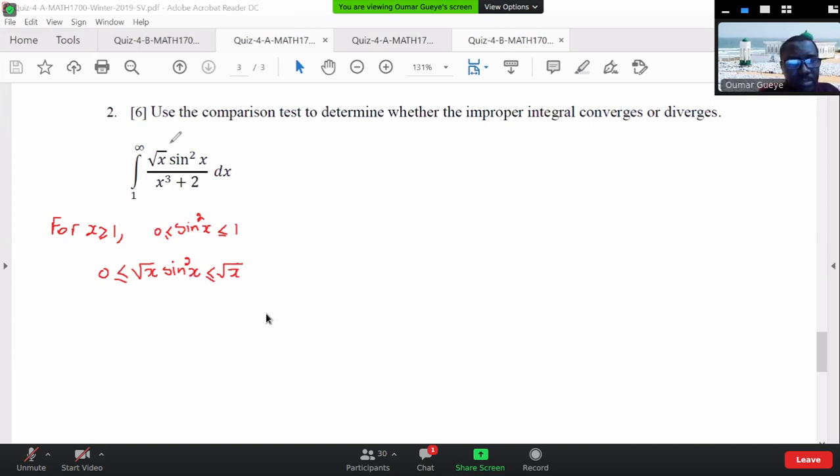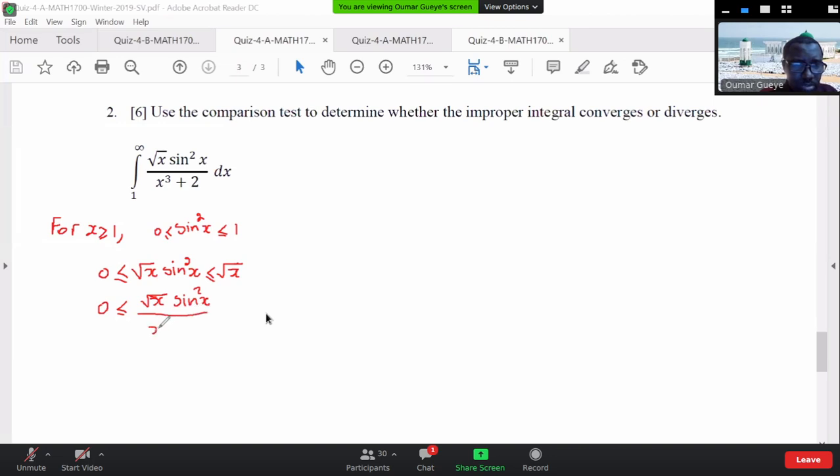Okay, now I'm going to divide the double inequality again by the denominator, x cubed plus 2. If I divide this 0 by x cubed plus 2, it's still equal to 0, less or equal to root x sine square x, divided by x cubed plus 2.